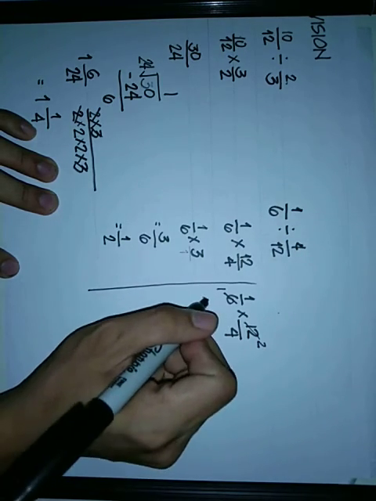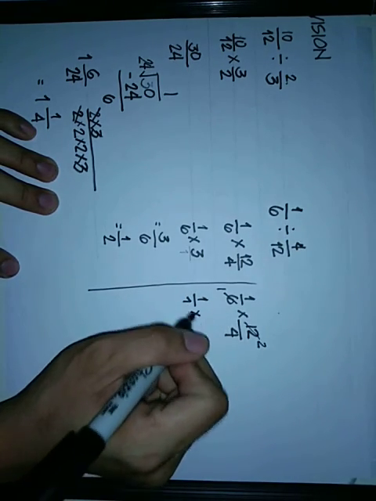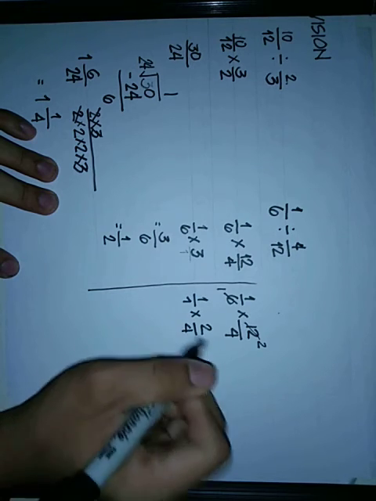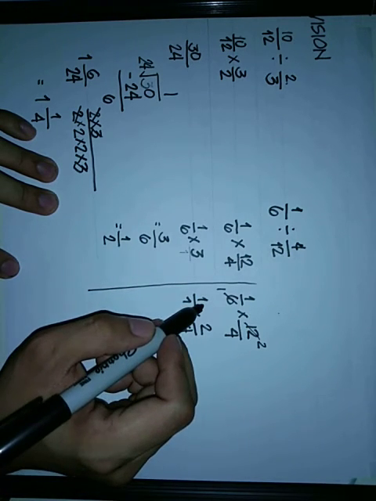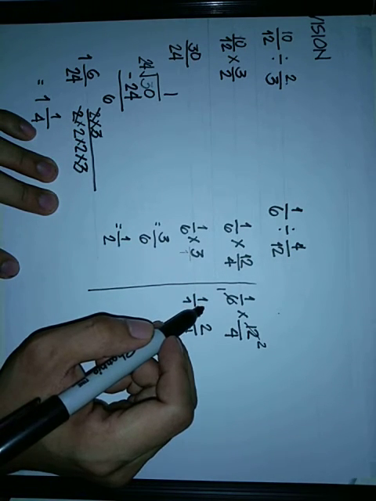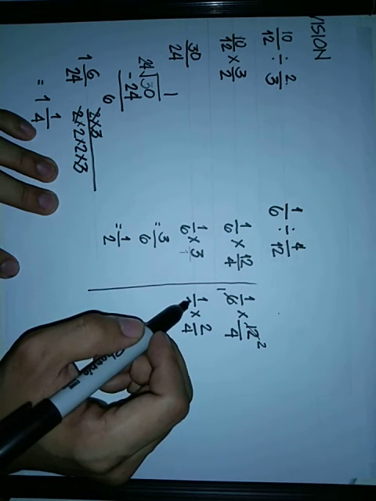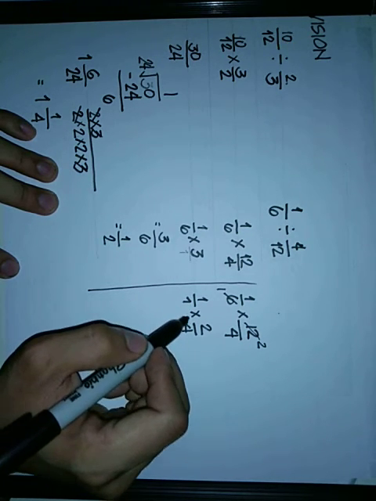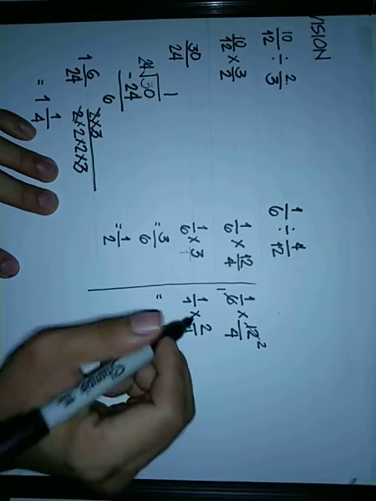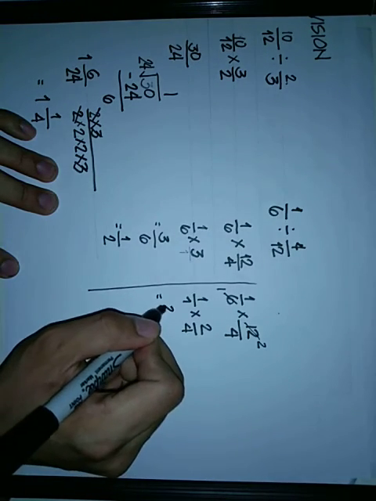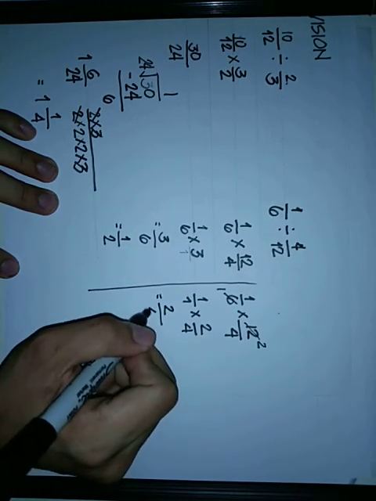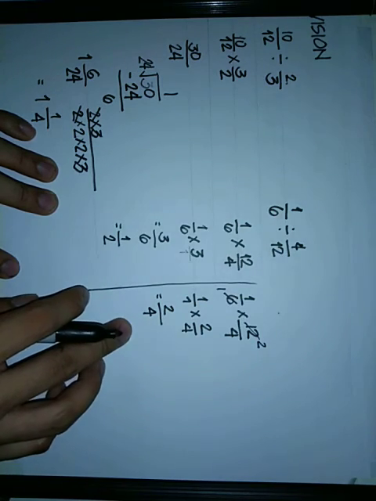So since ito ay 1/1 times 2/4, pwede na natin siyang simplify as 1. So that is 1 times 2/4. Diba? 1 times 2 is 2. Then 1 times 4 is 4. So we have 2/4.